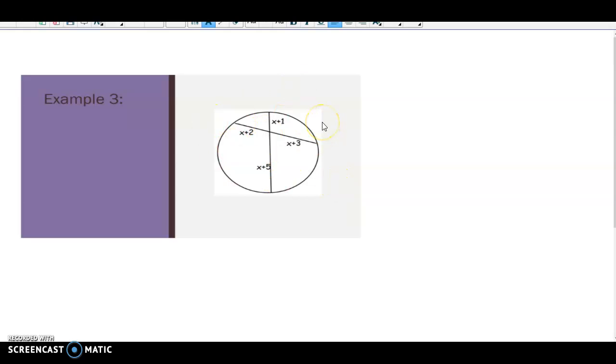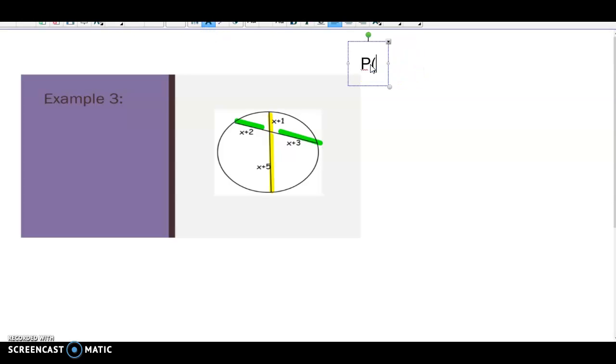Now this one looks a little more daunting just because we have 4 binomials here. But again, we're going to solve it the same way. I'm just going to highlight this part and this part so I know that I have those 2. And then this chord here has this part x plus 2 and this part x plus 3. So when I set this up, I'm still going to use the same formula.